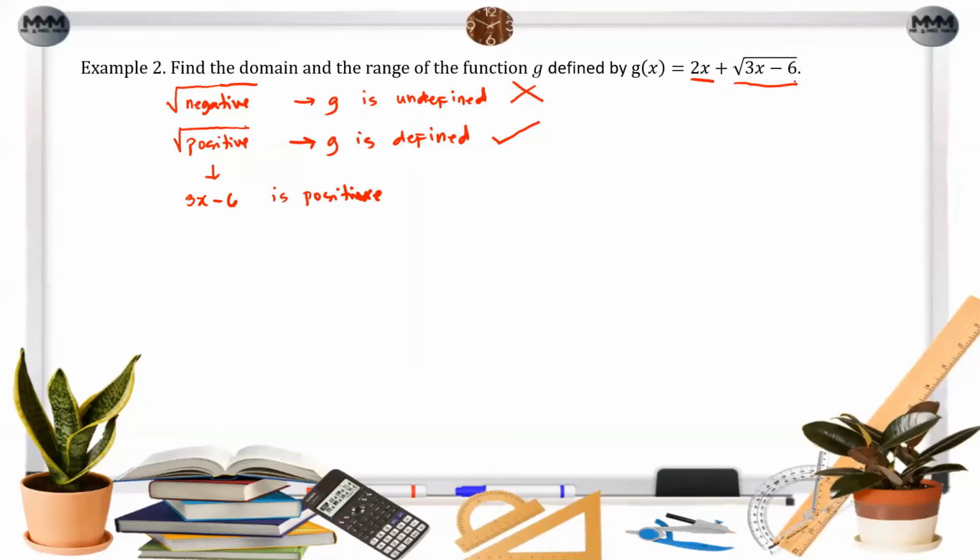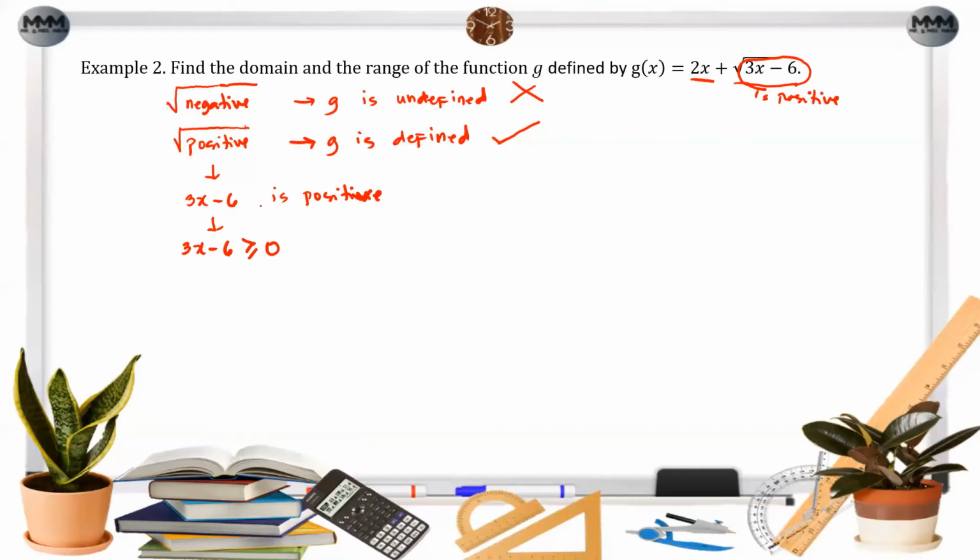It means this 3x minus 6 is positive. So that's why I have written here 3x minus 6 is positive. Now, when we say positive, it means 3x minus 6 is greater than or equal to 0. Now, in this case, we have this inequality.